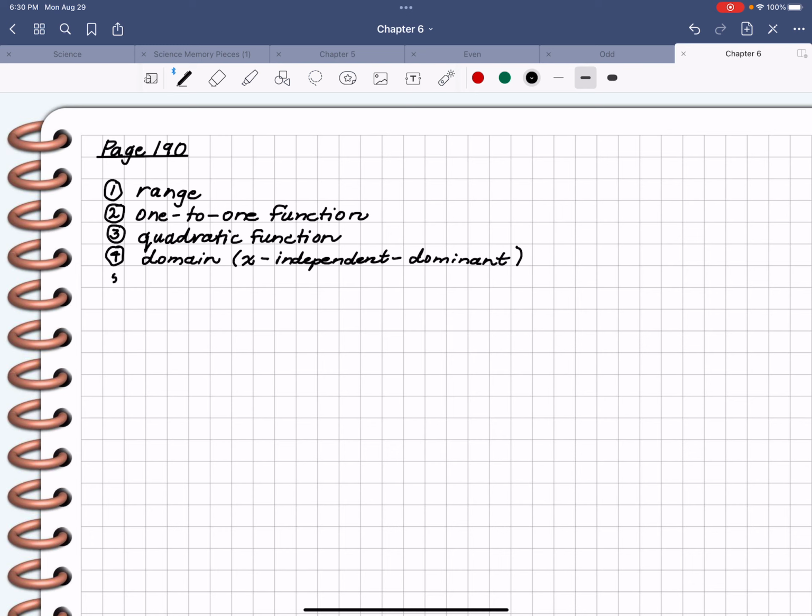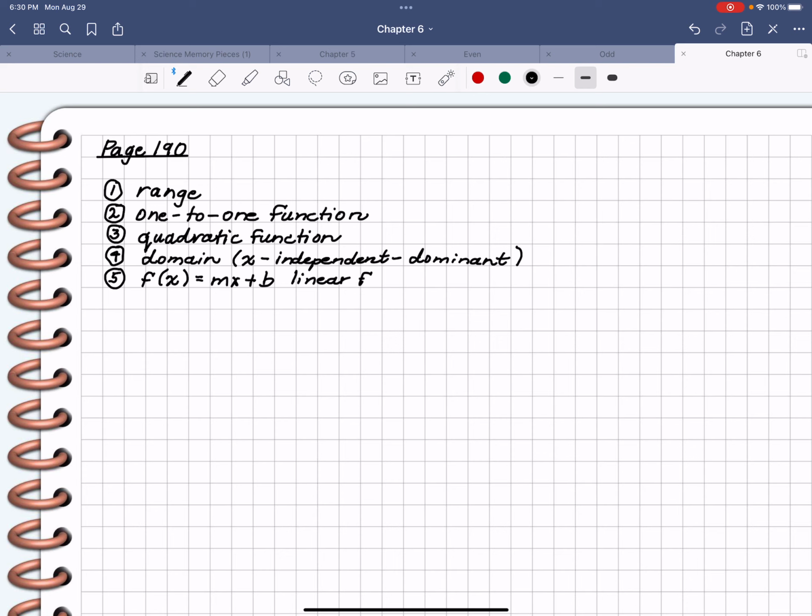Number 5, a blank can be written in the form f of x equals mx plus b. Let me just write that down. F of x, remember we can substitute that for y, equals mx plus b. This is a linear function.